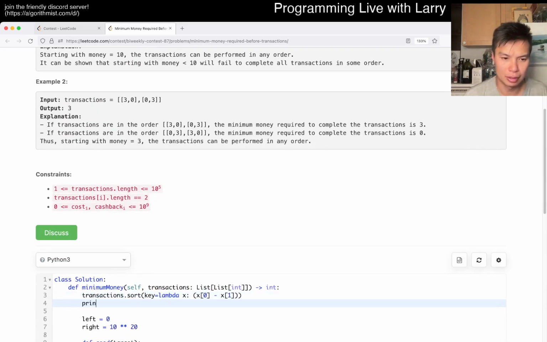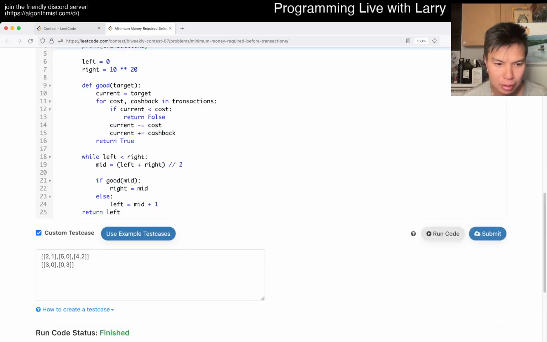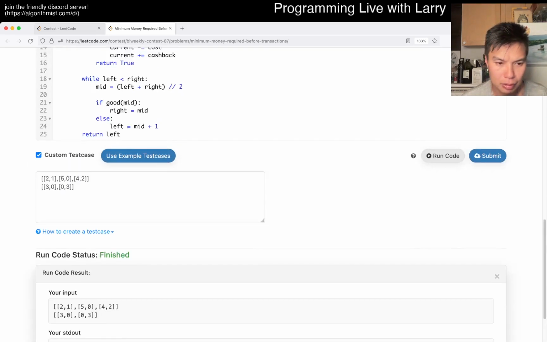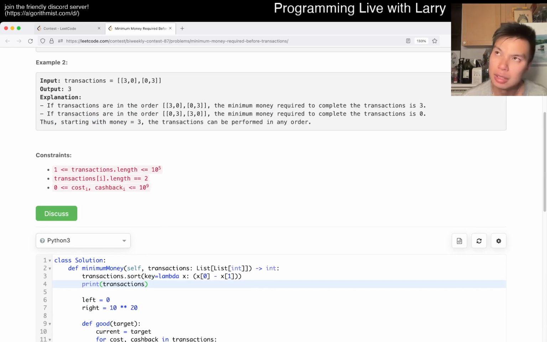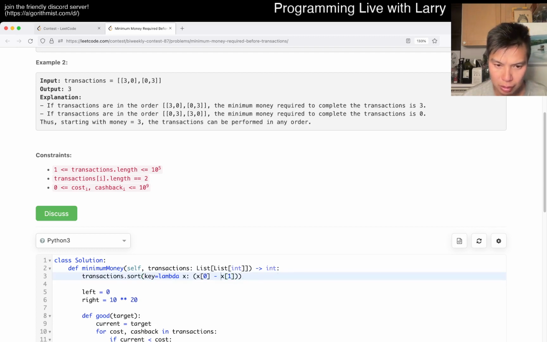Let's see. Maybe I just wrote the wrong way. 0, 3. Oh, I did. Because we want the most cost first, right? Why did I do it this way, huh? Whoopsie daisies.